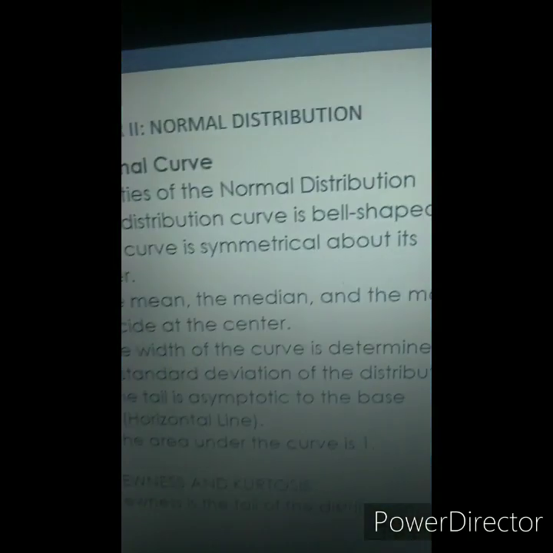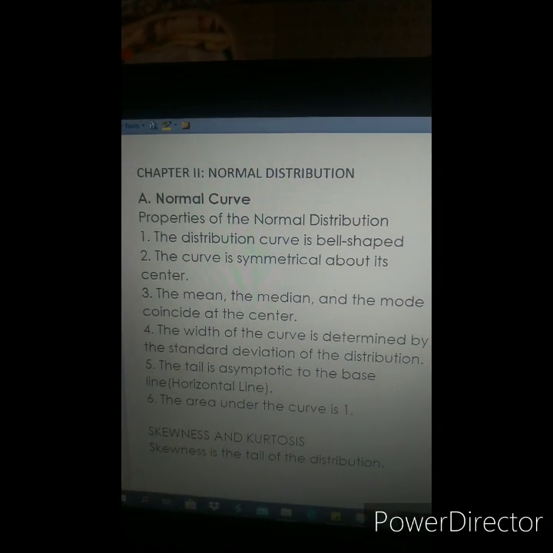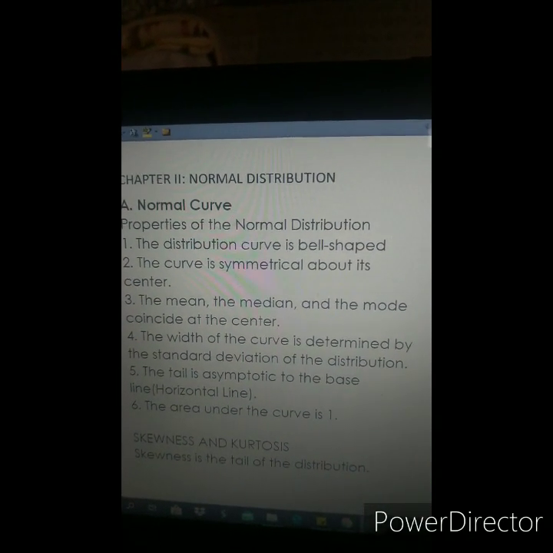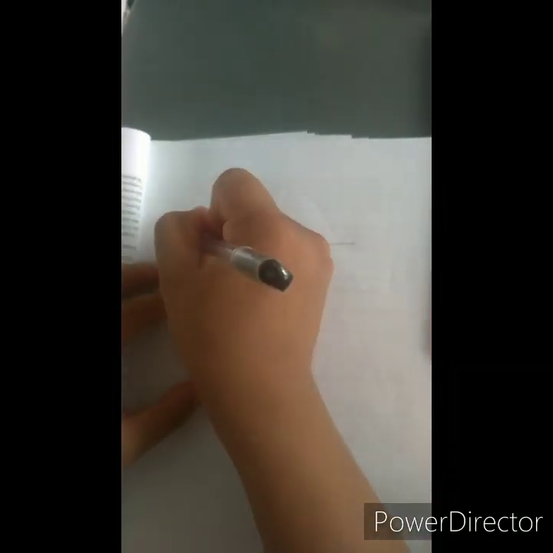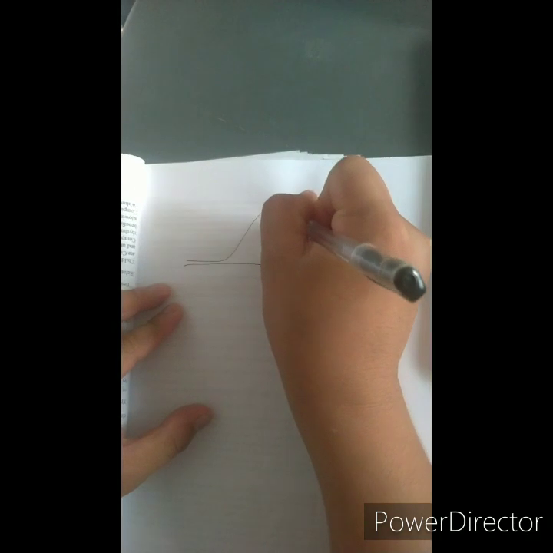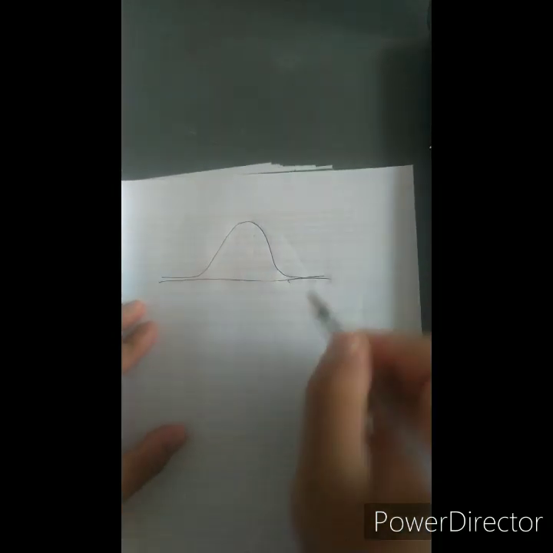That's not yet the last one. We have here the number 5 property: the tail is asymptotic to the baseline. Another normal curve. Let's say for example this is a perfect normal distribution.